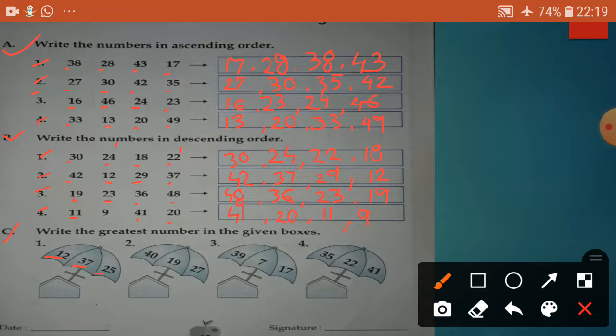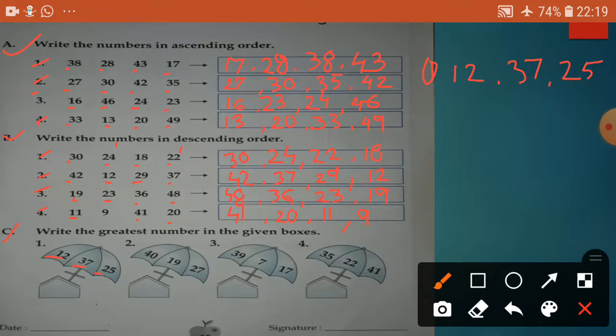Okay. First you see ones. See here. Follow me. Number 1. Okay. 12, 37, 25. Okay.